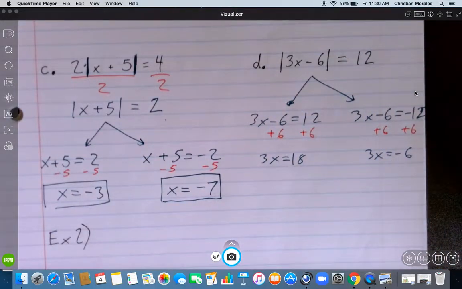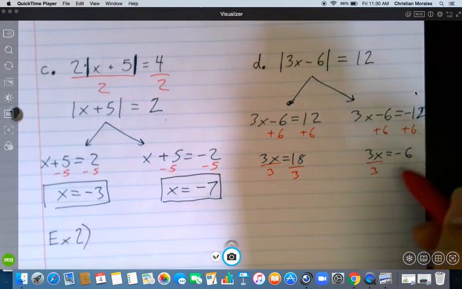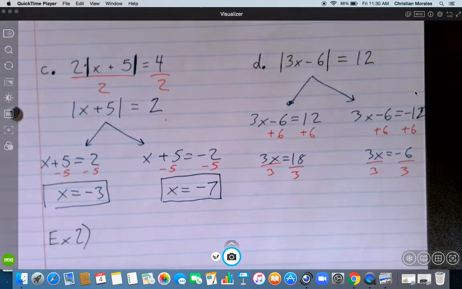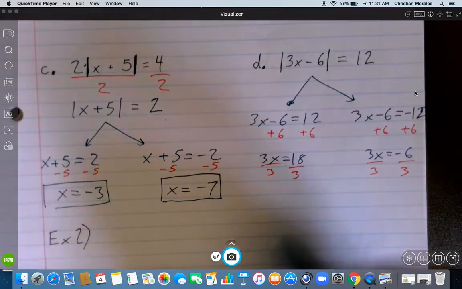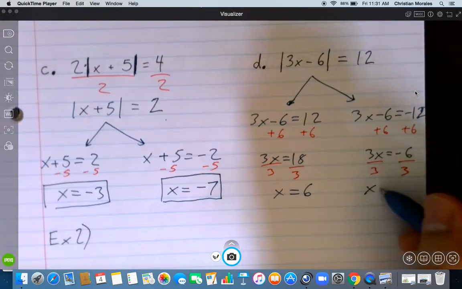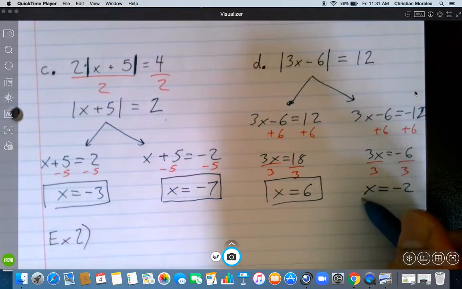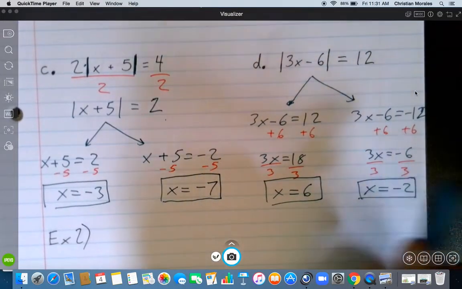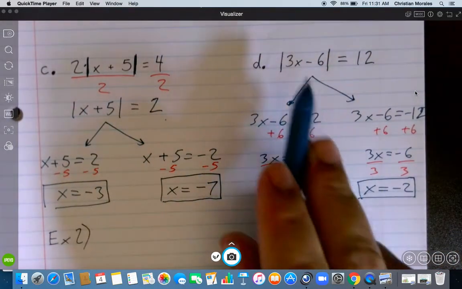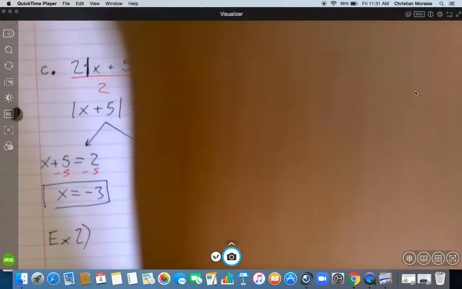Next, this is multiplying by 3, so we're going to divide by 3. It's the same inverse operation on both equations. So here I'm going to get x is 6, but here I'm going to get x is negative 2. So your two answers for this one are x equals 6 or x equals negative 2. Both of these numbers, if you plug them in, will give you an absolute value of 12. All right? All right, last.